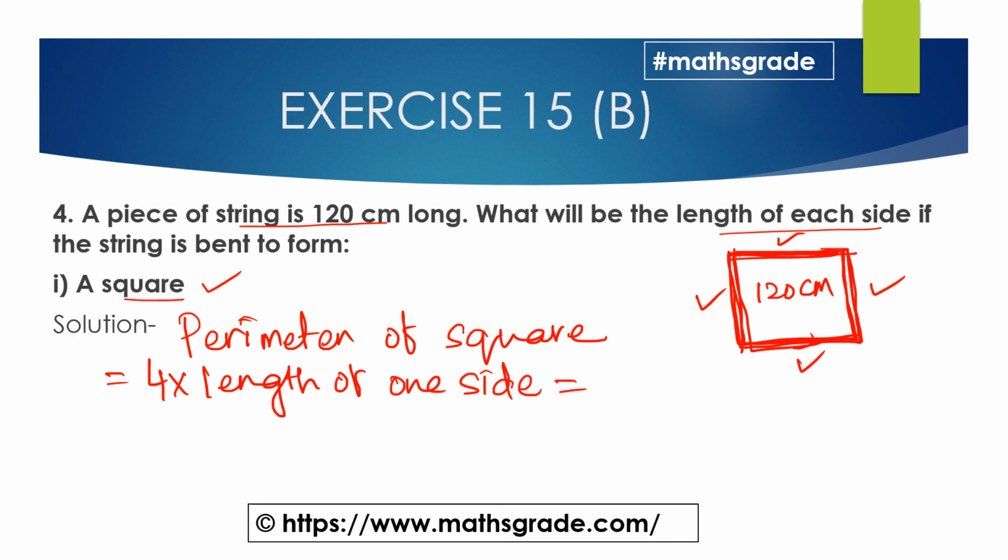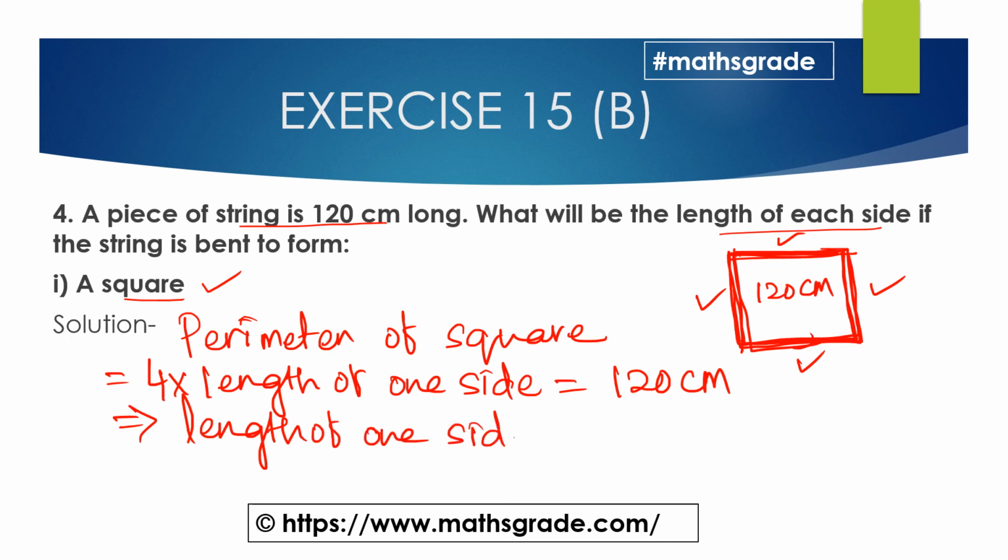And the perimeter of the square, that is the perimeter of the string, is equal to 120 centimeter. So length of one side of this string will be 120 centimeter divided by 4.